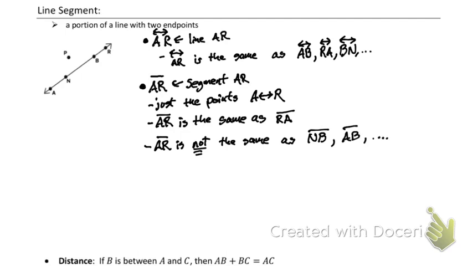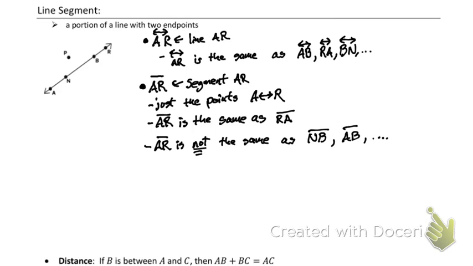And we could think of some more along the way. So for a line, you could pick any two points, say it's a line, and they're all the same. For segments, two points generally make just one segment. Any other point you pick is going to be a different segment. So with lines, pretty much everything works. With segments, everything's a little different if you're picking different letters.